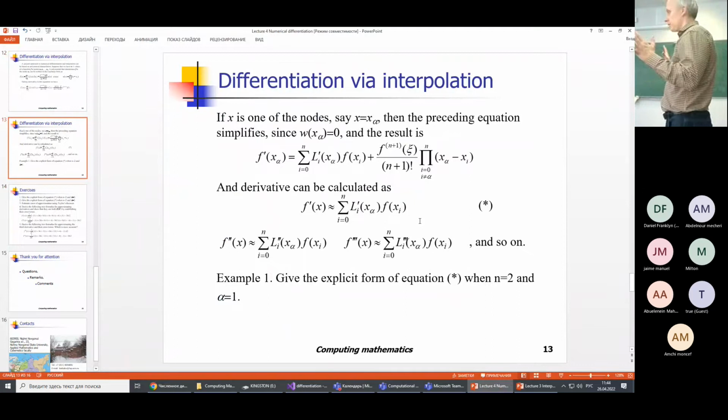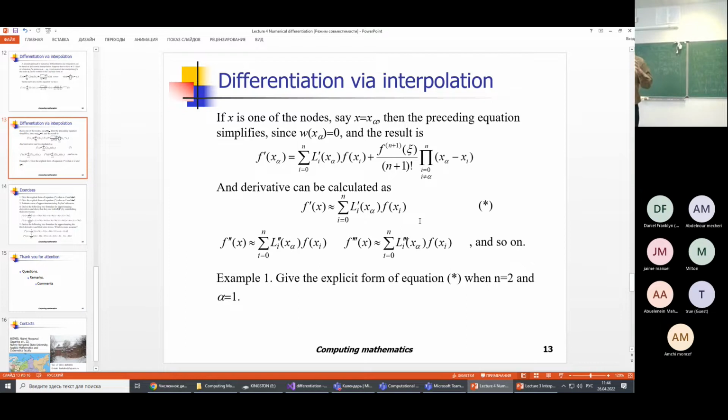Well, I think the general idea how to get the formula for the first derivative is clear, but the same approach can be applied to find the formulas for the high order derivatives.